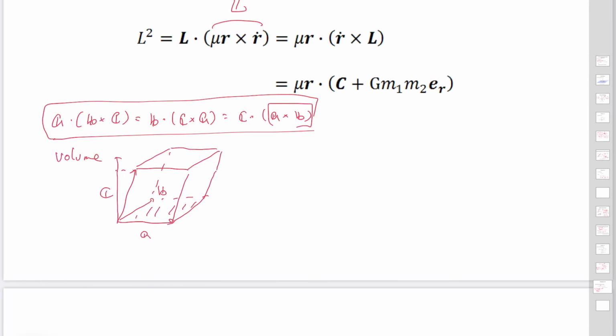This becomes the height. It comes to the volume. So using these relations, you can move from this to here.